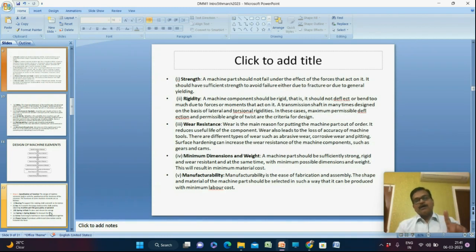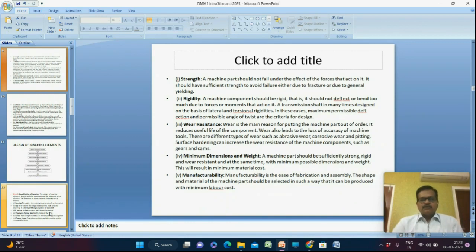But along with all the three, the minimum dimensions and also the weight. So weight should be minimum and the dimensions should also be minimum. When we have weight and dimensions minimum, the part is going to occupy very little space. It is very compact and also it costs very little.